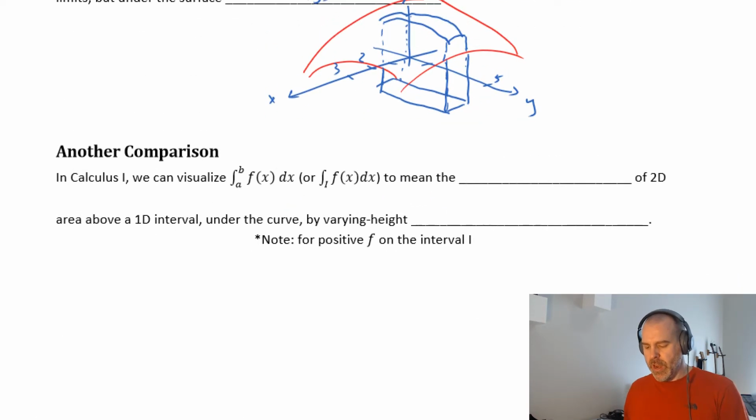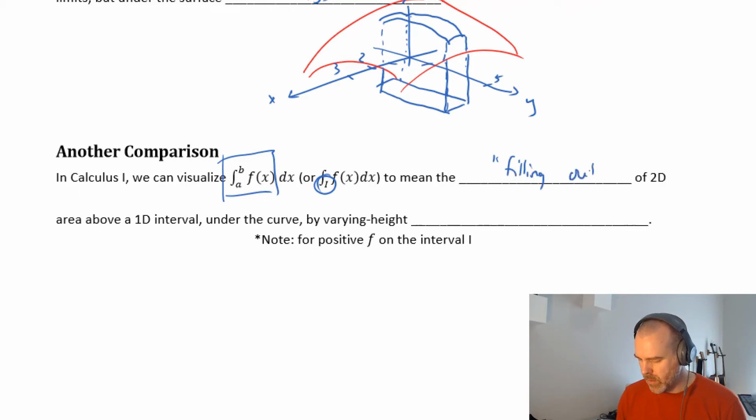All right, so another comparison. We can visualize the integral from a to b of f of x, or you can think of that the integral over some interval to mean kind of the filling out of a 2D area above that 1D interval, right?